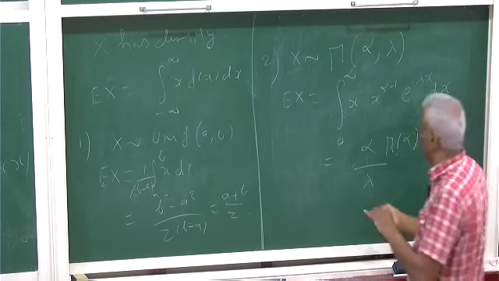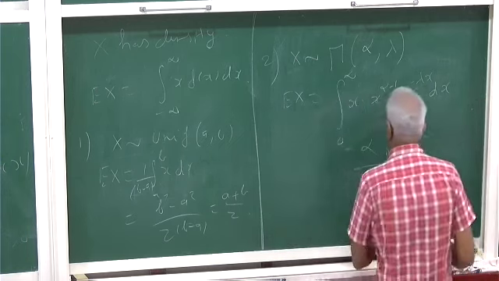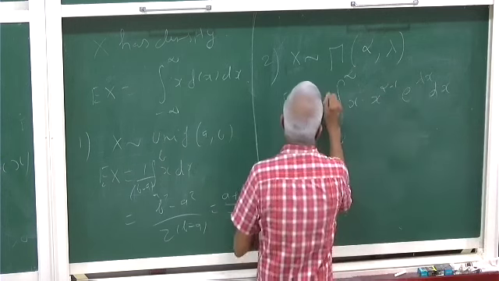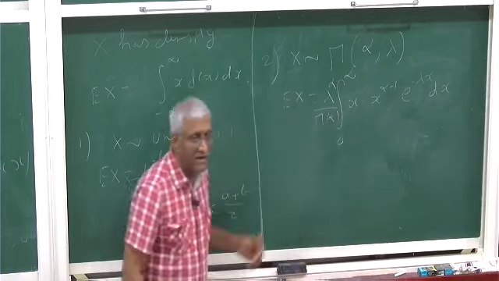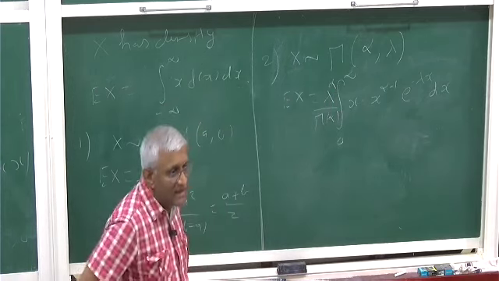Sorry, you need this constant, lambda power alpha divided by gamma of alpha. I forgot this constant.